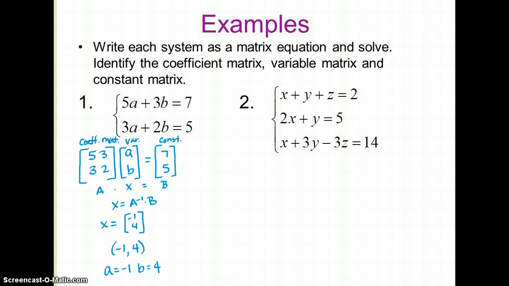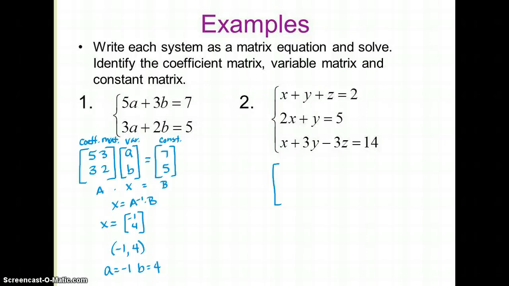Okay, so now let's go over here to this system of 3 equations and 3 variables, which some of you felt was extremely tedious as far as the work is concerned. So we're going to set this up in a matrix equation. Again, a coefficient matrix, a variable matrix, and a constant matrix. So if I have a 3 equation, 3 variable, that means I'm going to start with a 3 by 3 matrix.